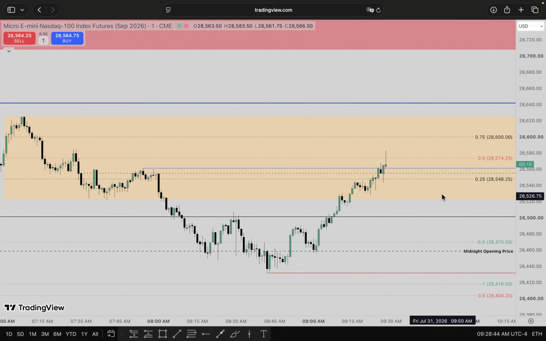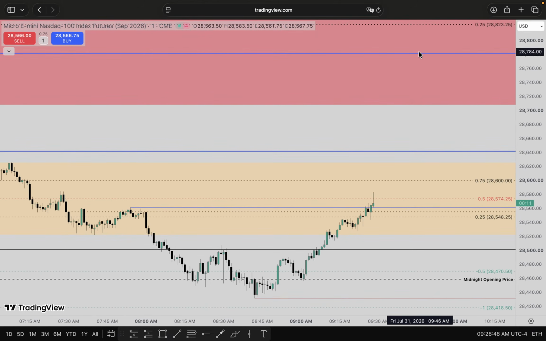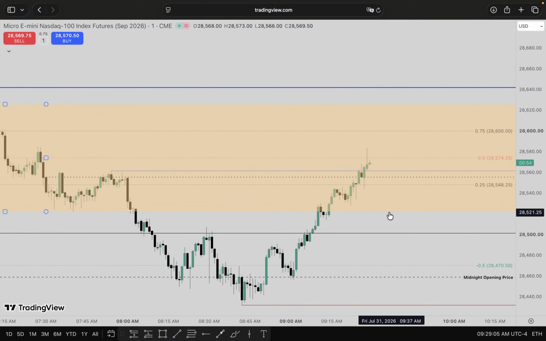So next thing would be, if we do get here later on, is to get involved with these highs up here, which means I'll be looking for shorts if we open up and decide to run up all the way up here. Right?